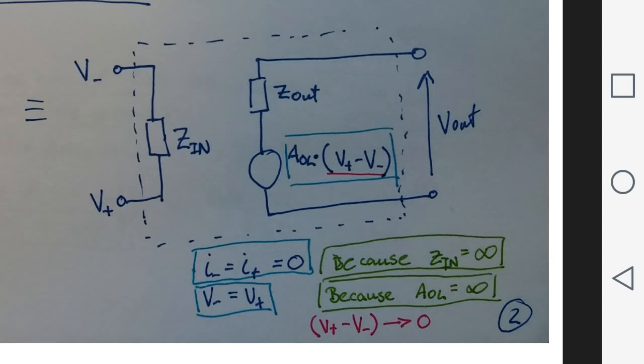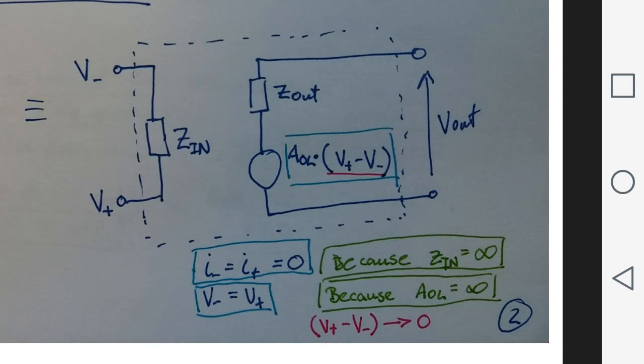And you could say that if you subtract these input voltages, the non-inverting minus the inverting one, you should have 0 voltage drop between them, which also supports that the input impedance is infinite.